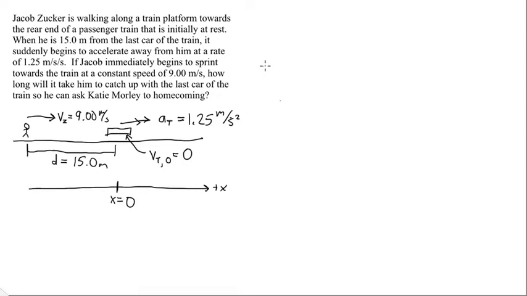So what I'm going to do is say the initial state, which I'm going to call 0, a 0 with a circle around it. We have Zucker initially at, and this is x of Zucker at state 0, initially 15 meters behind the train, which means he's initially at negative d.